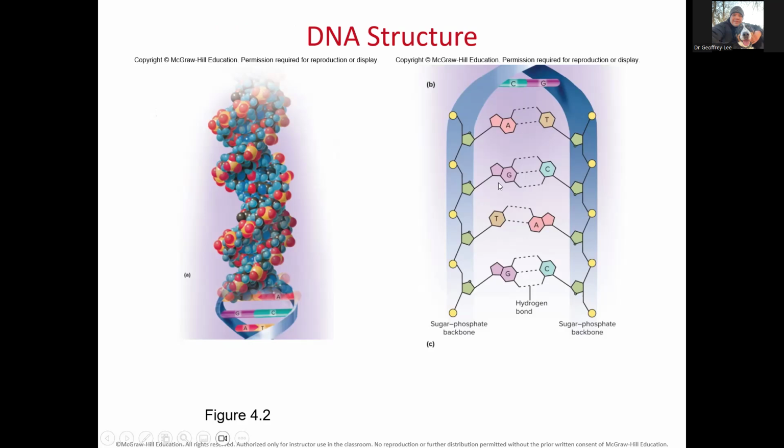More importantly, when we put guanine and cytosine together, we have three hydrogen bonds. Without these hydrogen bonds, the double strand of DNA falls apart. The only reason they move around each other and form this double helical structure is because of the hydrogen bonds.